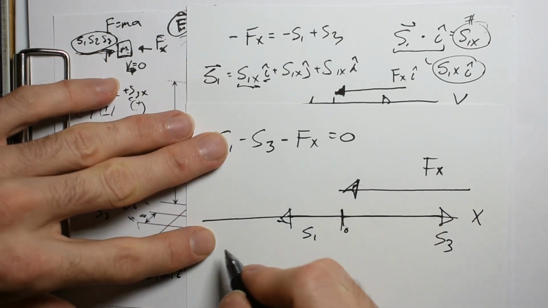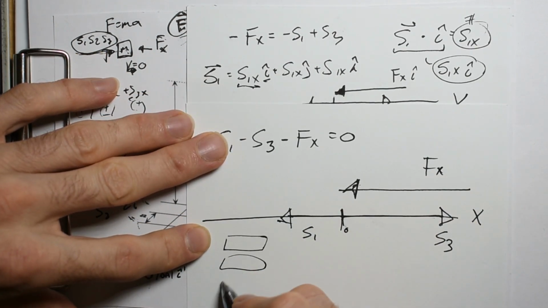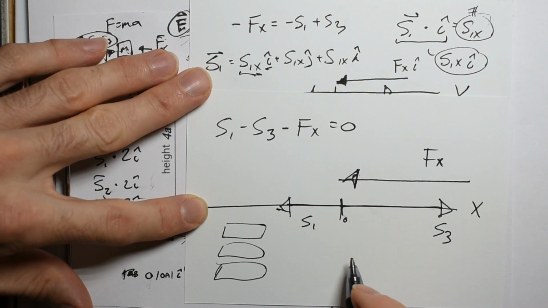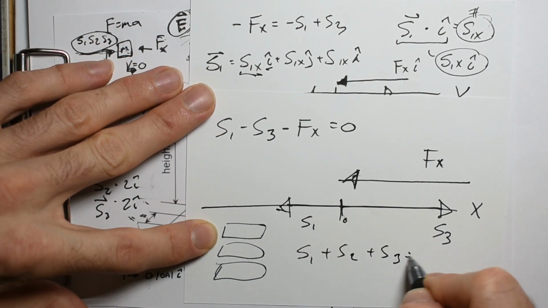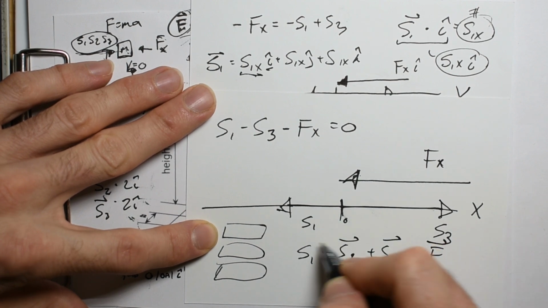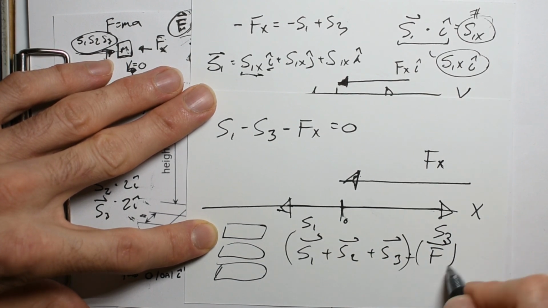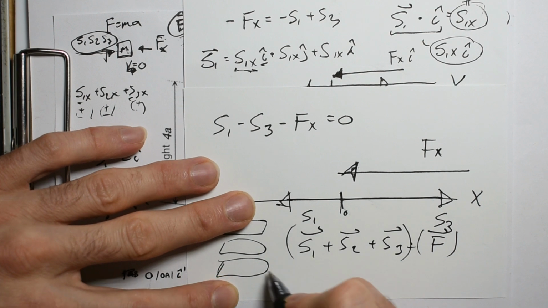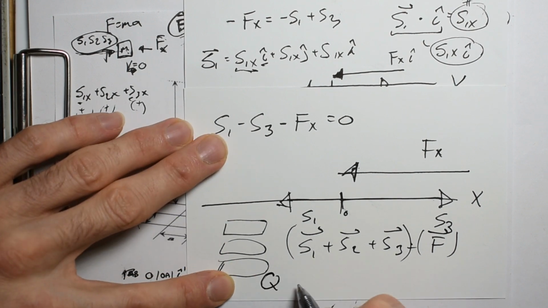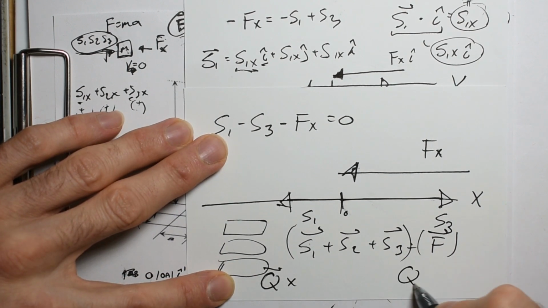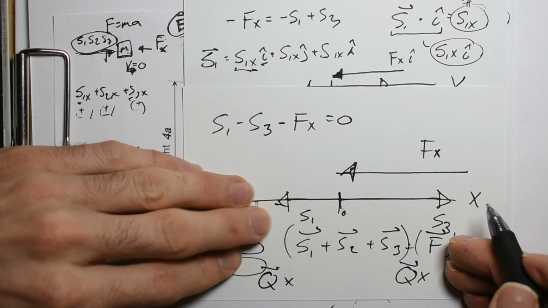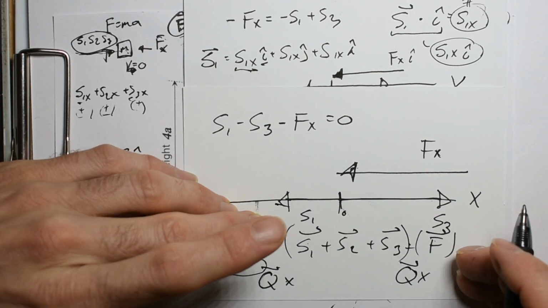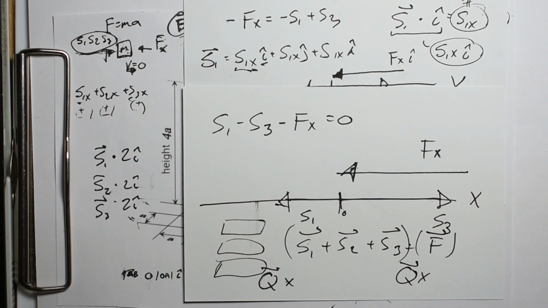So you could have a system of equations where I have S1 plus S2 plus S3, and then I'm going to multiply both sides. I'm going to have this Q cross all of these. So if I cross Q with both sides, did I change the problem?